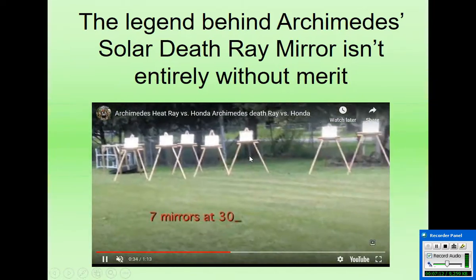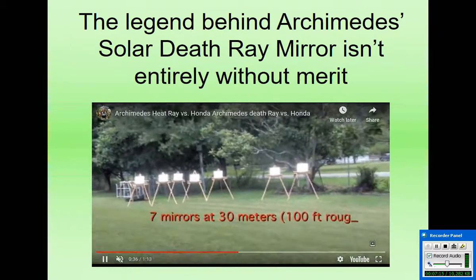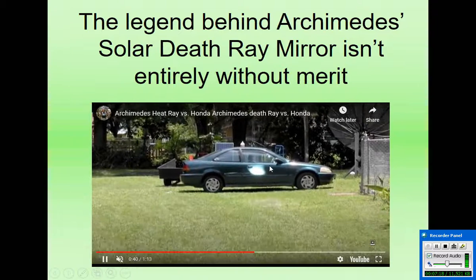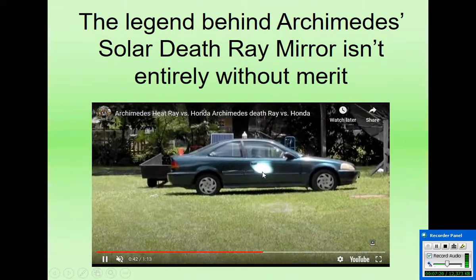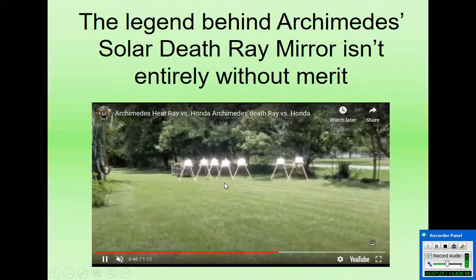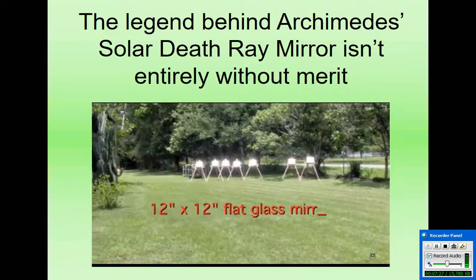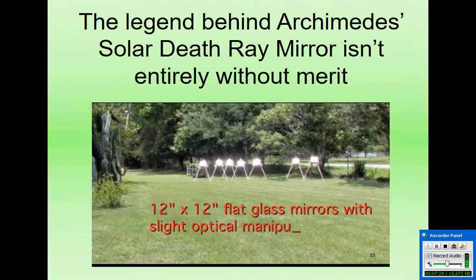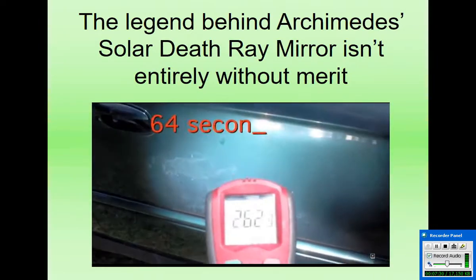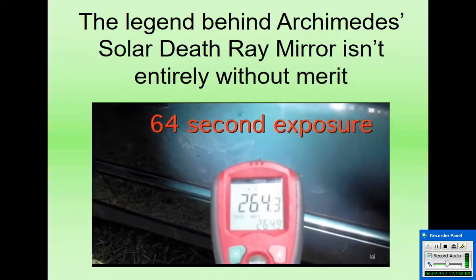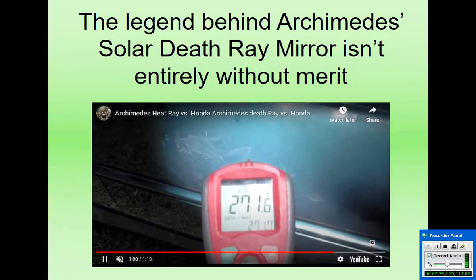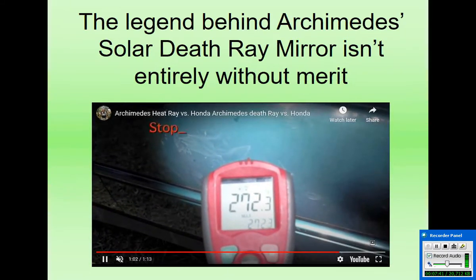Now, these mirrors are being used to focus the rays of the sun onto this very particular location on the car. You can see this one area on the car that is very brightly illuminated by the sun. And he's going to examine the temperature at that location. 64 seconds into exposure, and it's already over 100 degrees higher and rapidly rising.